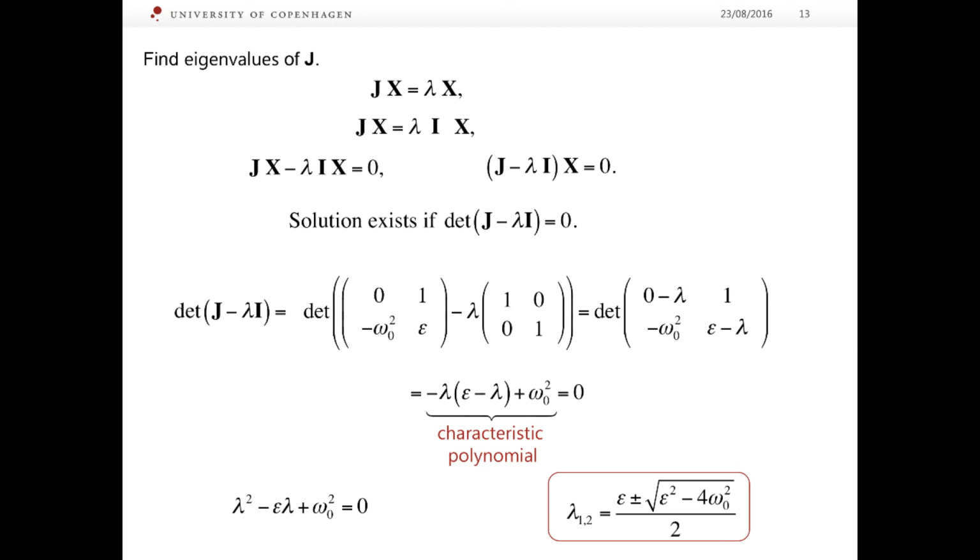As a result, we will find two eigenvalues, lambda 1 and lambda 2. Depending on the values of parameters epsilon and omega naught, these eigenvalues could be real or could be complex conjugate. Now consider all possible values that our eigenvalues can take.